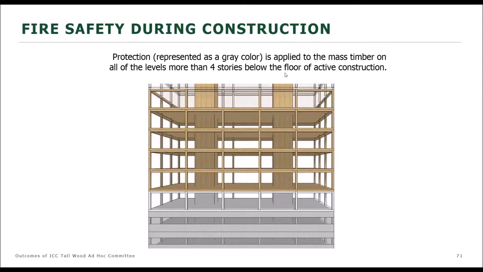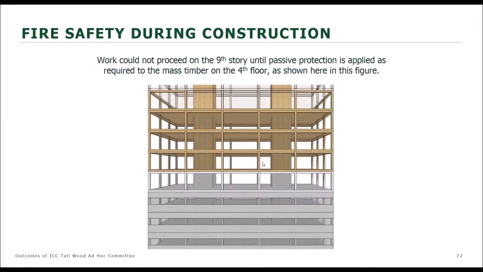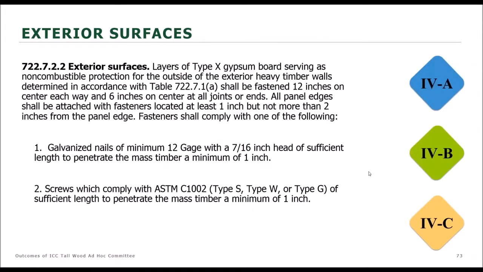So if this is the 9th story, before construction begins at that, you have to protect this story here, which would be the 4th story, and then you can move up. This is simply 1 layer of gypsum that's required as an initial deterrent against ignition, even if there's more gypsum required to be installed later. You have prescriptive fastening for the exterior, the required exterior non-combustible protection of 40 minutes. Just so you know that's in there.